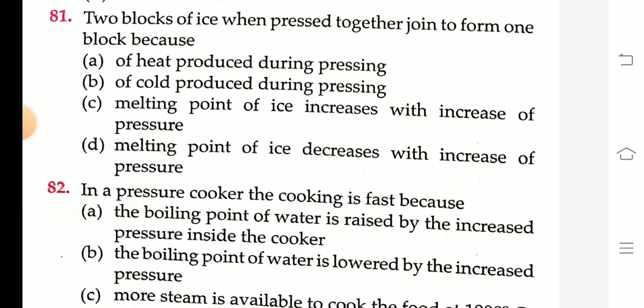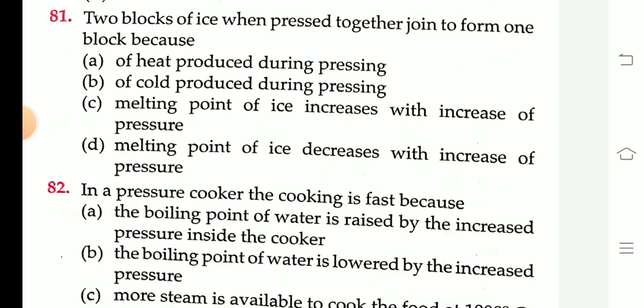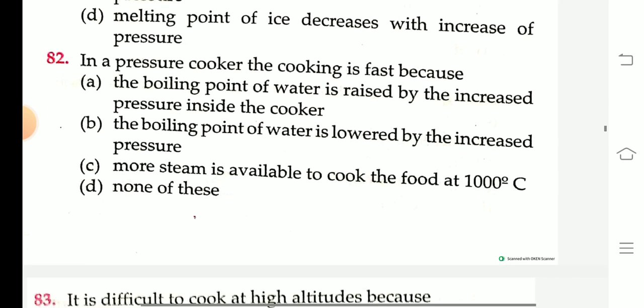Next, two blocks of ice when pressed together join to form one block because. Right answer will be option D. Melting point of ice decreases with increase of pressure. Next, in a pressure cooker, the cooking is fast because.